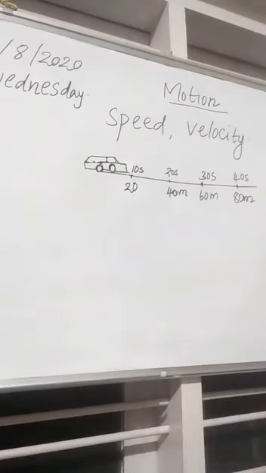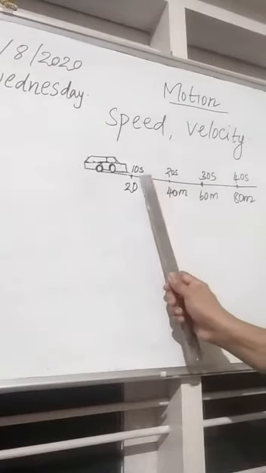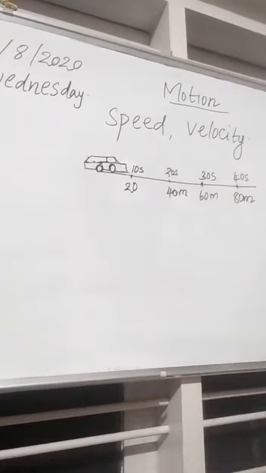The same thing: speed, as we said, is a scalar quantity. It has only magnitude. In the case of velocity, it is a vector quantity. It has direction too.